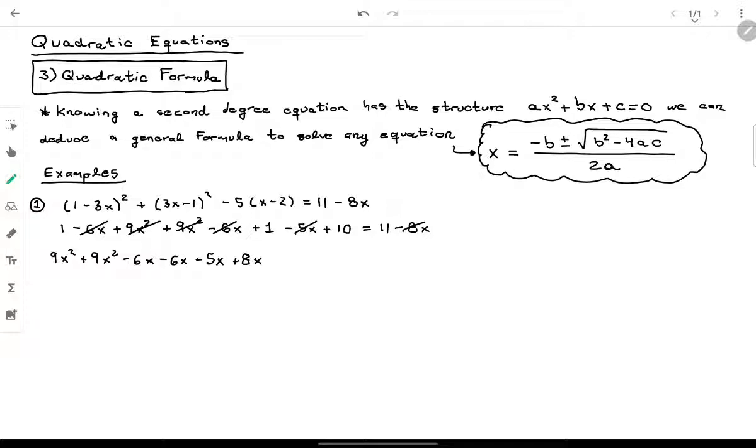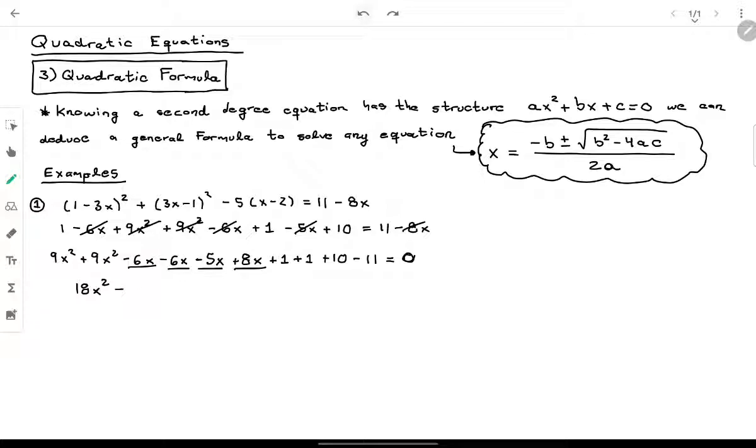Of course, plus 1 plus 1 plus 10 minus 11 equals 0. So it's going to be 18x squared. Then it's going to be minus 6 minus 6, it's minus 12, minus 17 plus 8 is going to be plus 9.